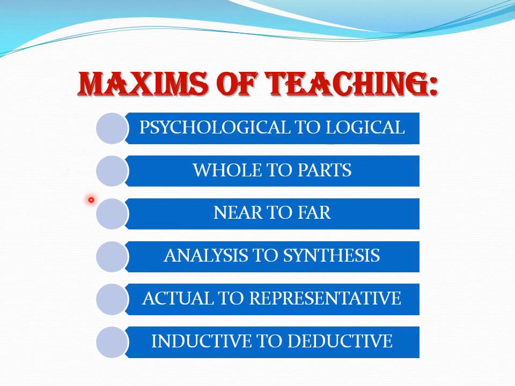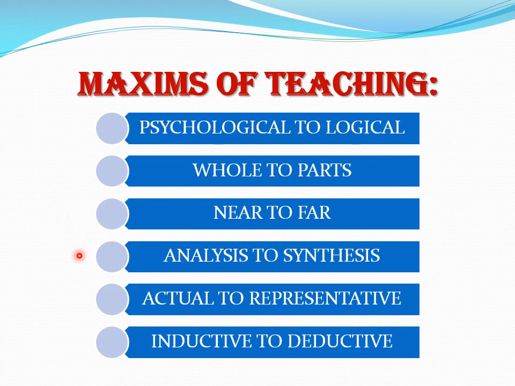Next is proceed from near to far. A child learns well in the surroundings in which he resides, so he should be first acquainted with his immediate environment. Gradually, he may be taught about things which are away from his immediate environment. In a geography lesson, we start from the local geography and then take up the tehsils, district level, state level, the country, and the world gradually.